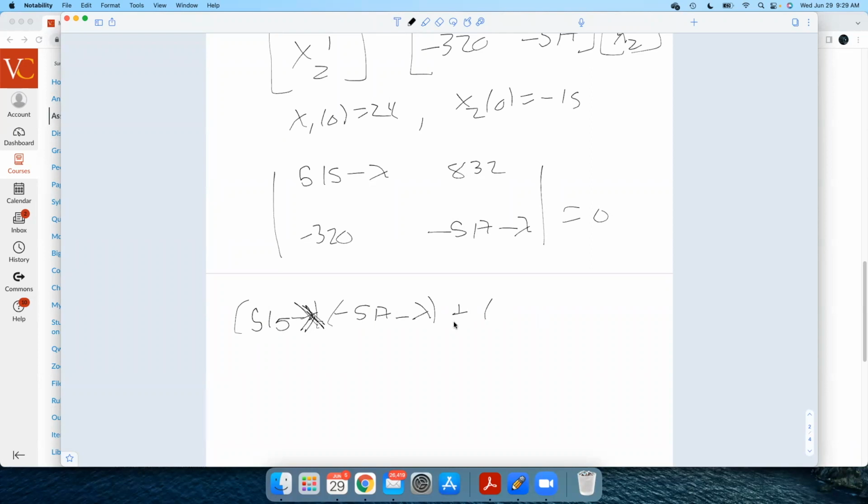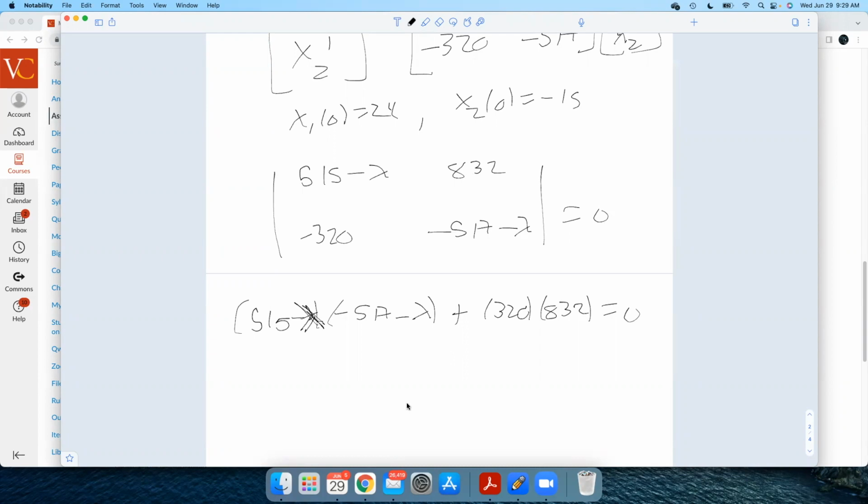That minus is going to cancel that negative, so it's going to be plus 320 times 832 equals 0. I am not going to sit here and try to solve this by hand with all these nasty numbers.